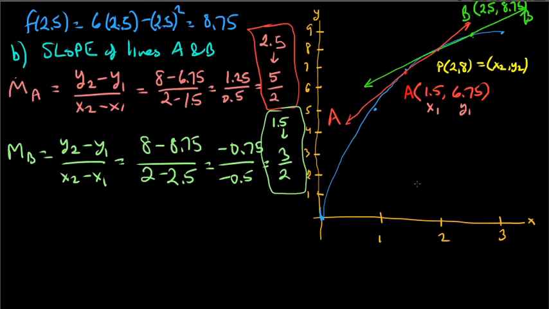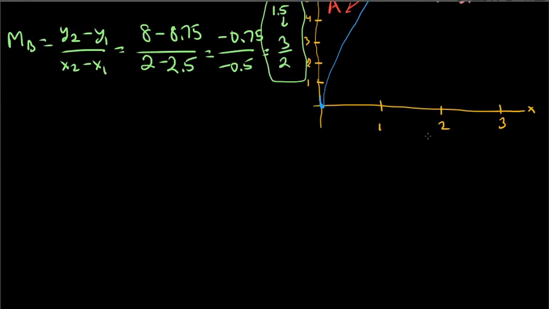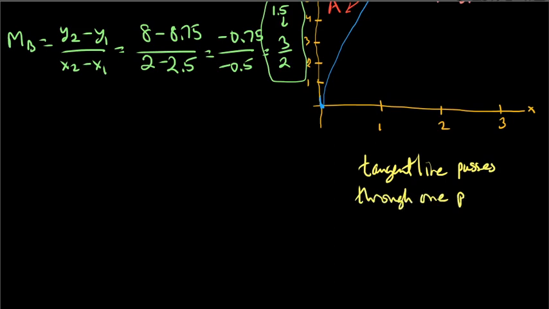If a secant line passes through 2 points, a tangent line passes through 1 point. And in fact, "passes through" is not quite as descriptive, right? It really just touches the graph at that 1 point.